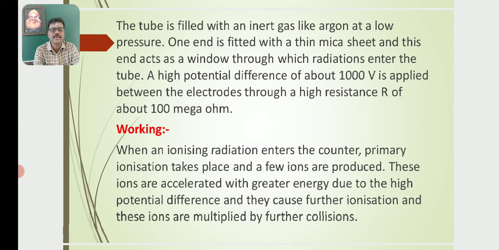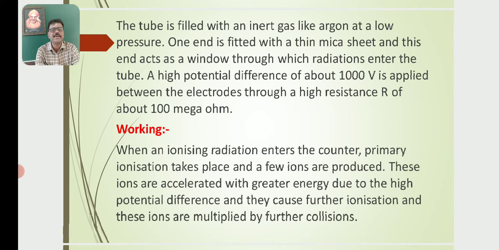So usually the tube is filled with an inert gas like argon. One end of the tube is fitted with a thin mica sheet, and this end acts as a window through which radiations enter the tube.